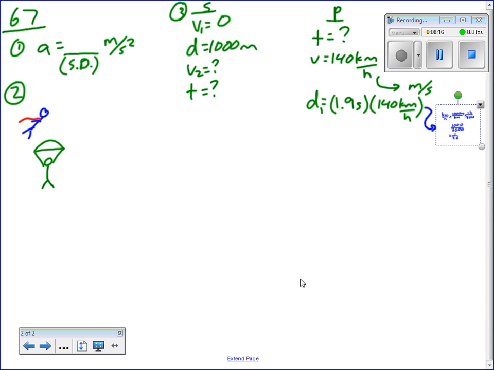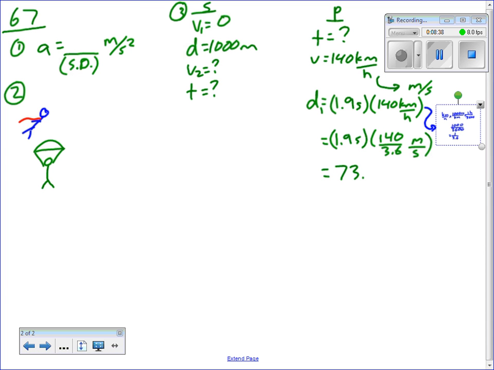So we can change our value to 1.9 seconds times 140 over 3.6 meters per second, which will give us the proper units. So punch that into your calculator, pause the video as you want.